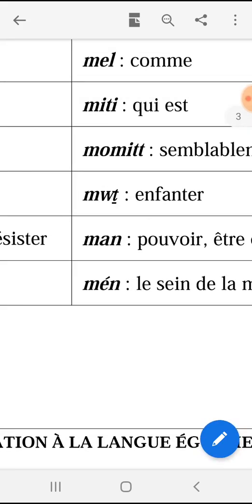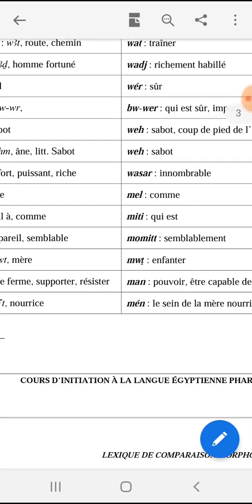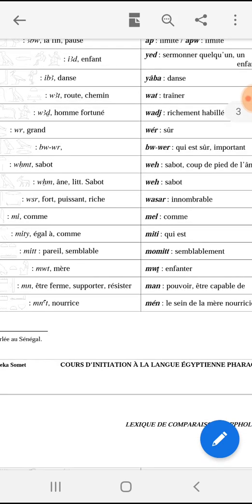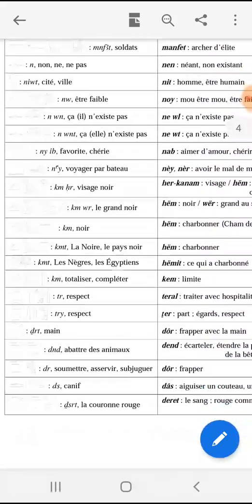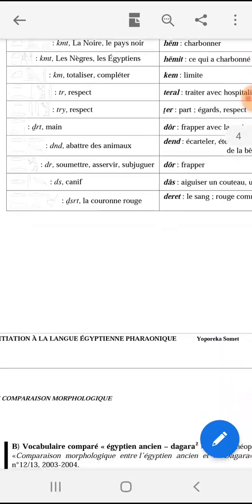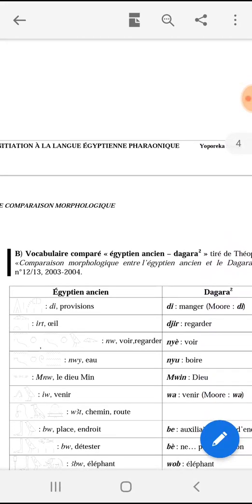So the Wolof speaking people, if they don't mind, will be able to tell us in the description section what this underlined T stands for. What is the sound of the underlined T and of the letter W? Now, there are so many other examples between the Medu Netcher and the Wolof, but I don't want to make this video too long, and plus you will have the link to this PDF document.